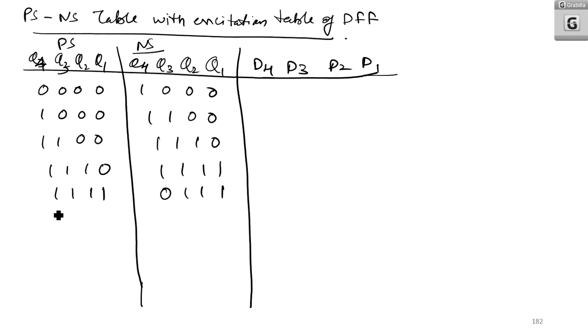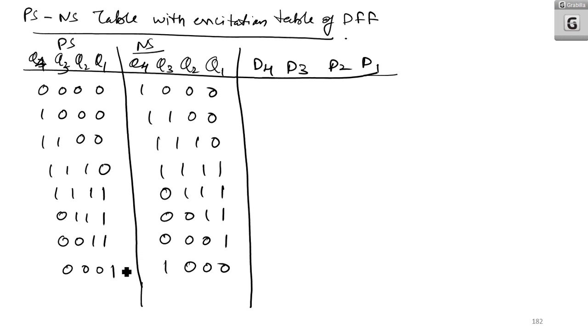If it is 0, 1, 1, 1, it will go to 0, 0, 1, 1. If it is 0, 0, 1, 1, it will go to 0, 0, 0, 1. And if it is 0, 0, 0, 1, it will go to 0, 0, 0, 0. Okay, then it will come back.